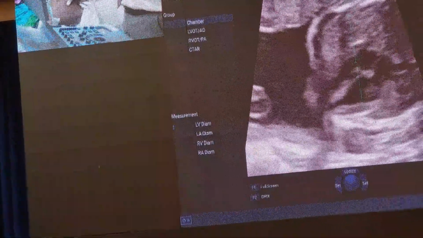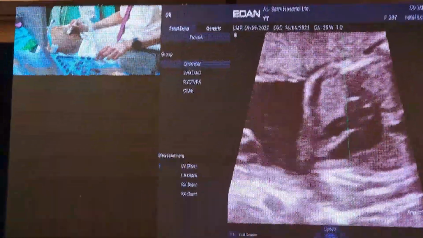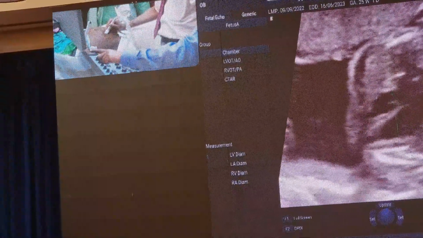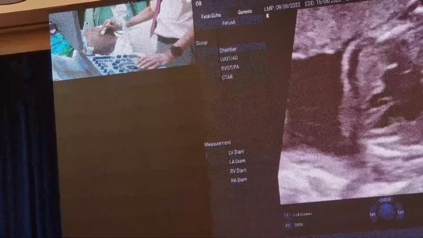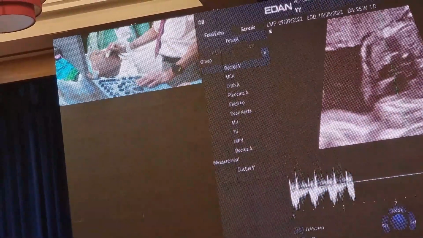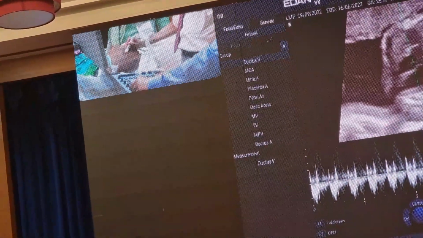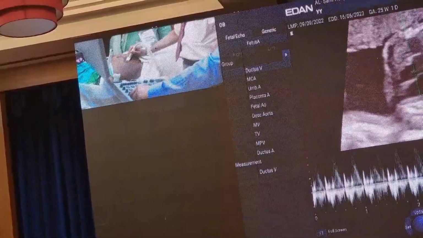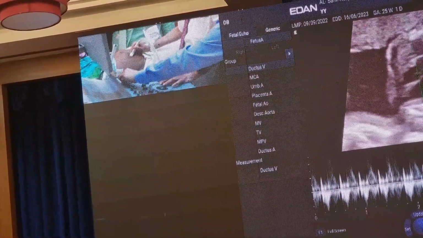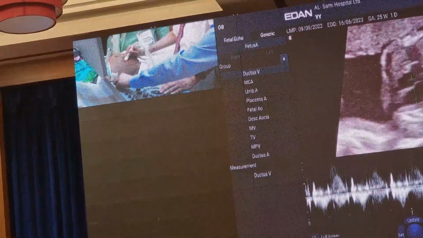Okay, can you change the angle? Yeah, and this side. Yeah, that's better. So that's the tricuspid valve. Make it invert. Yeah, okay, wait.